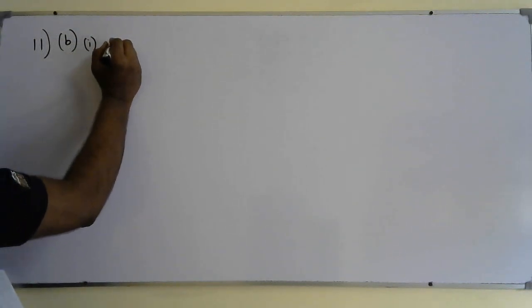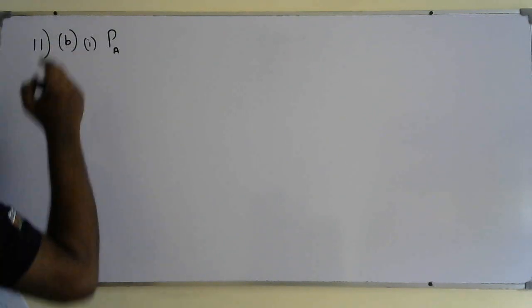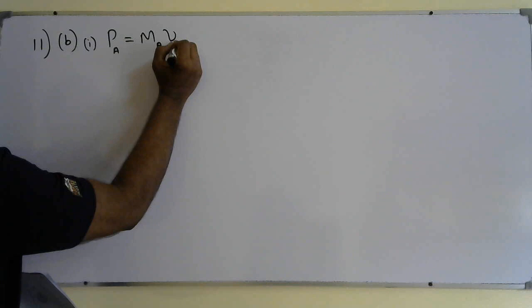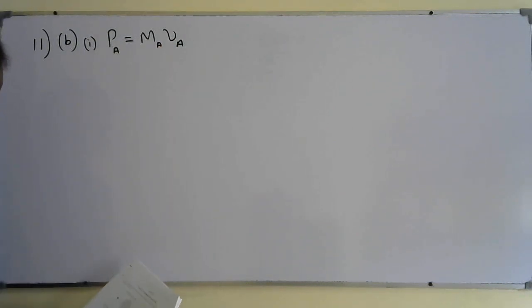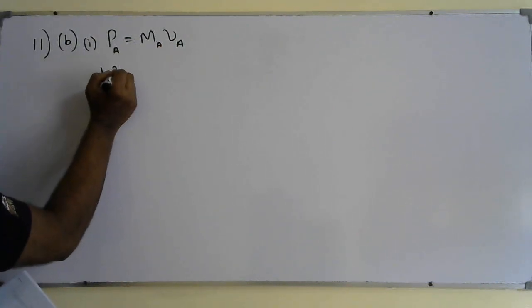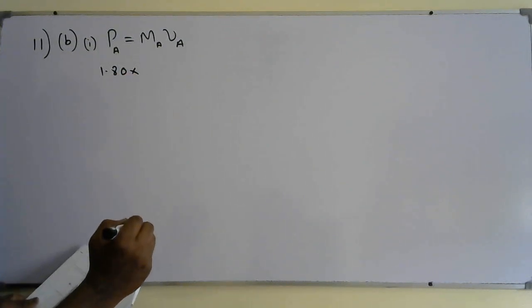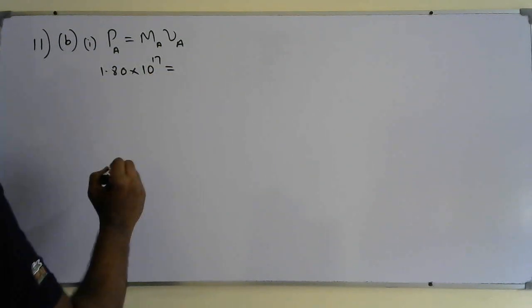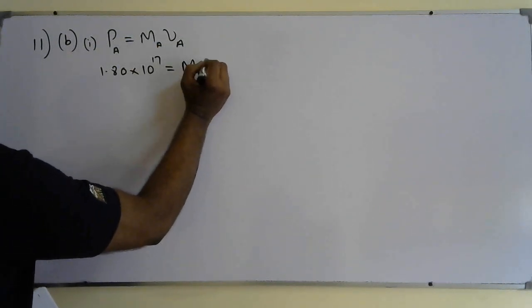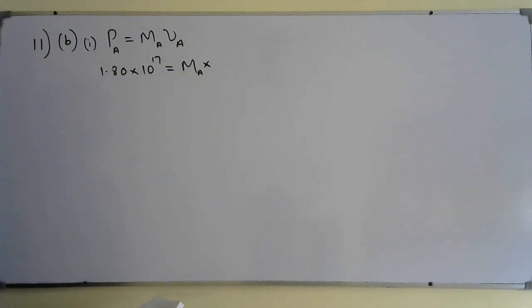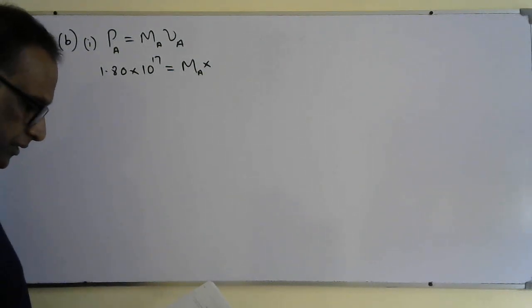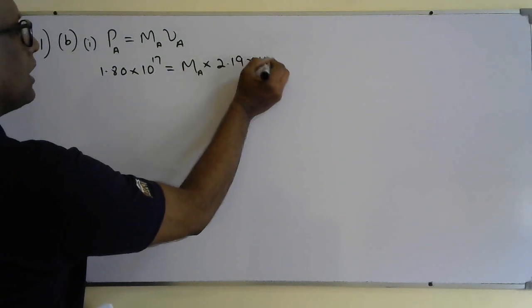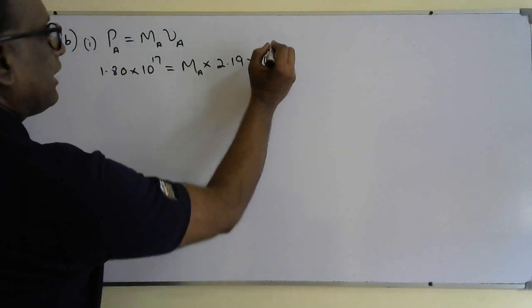So you know that momentum is denoted by P. Momentum of A is equal to mass of A times velocity of A. So momentum of A is given, 1.80 × 10^17, equal to mass of A, which we need to find. Velocity of A before collision is given as 2.19 × 10^3 meter per second.